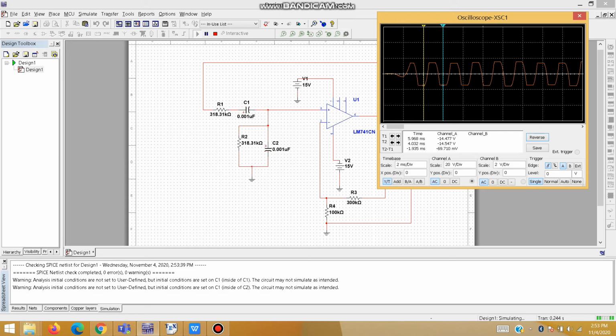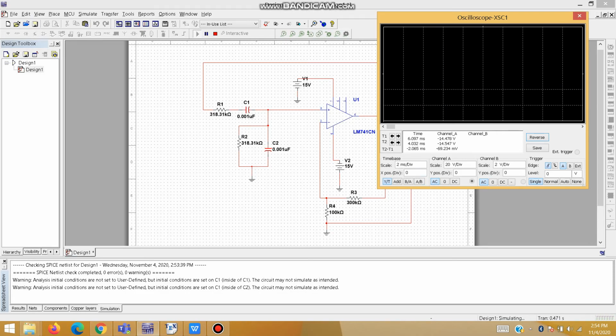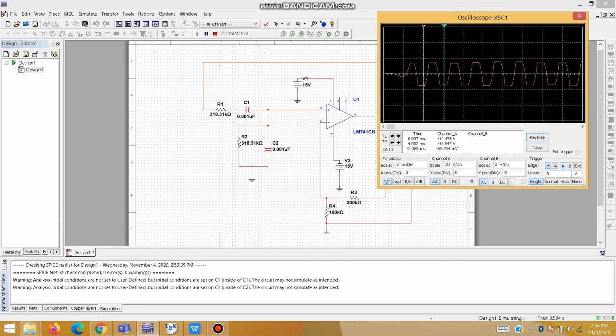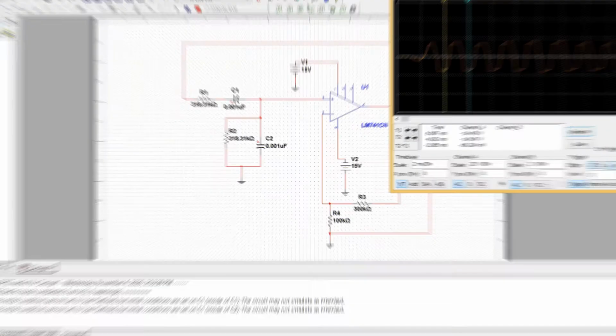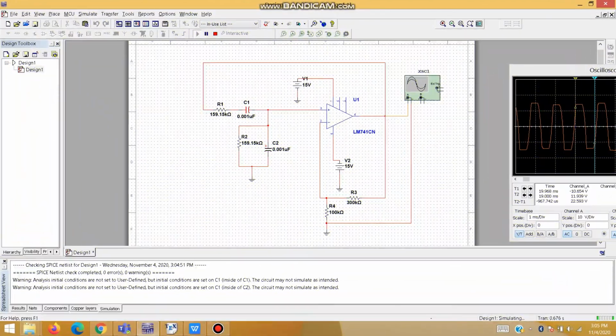We can see the period is 2.065. If we use the formula of frequency, we can get the frequency's value is 284.